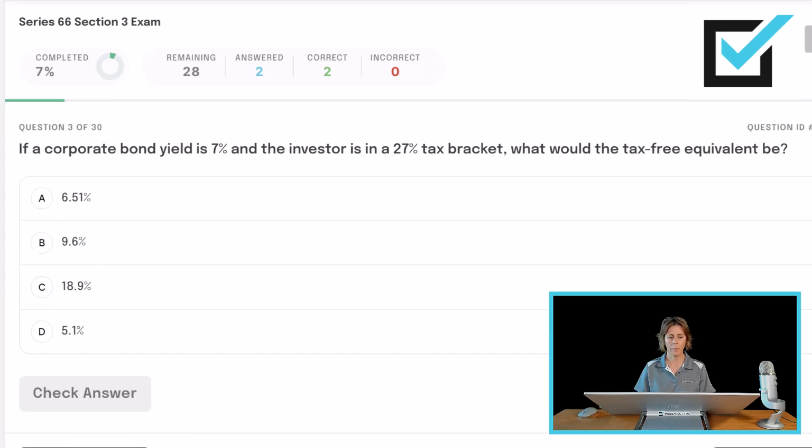If a corporate bond yield is 7% and the investor is in a 27% tax bracket, what would the tax-free equivalent be? So let's see. If the corporate bond yield is 7%, does the investor get to keep all of it? No. Do they get to keep 27% of it? No, that's how much they owe in taxes.